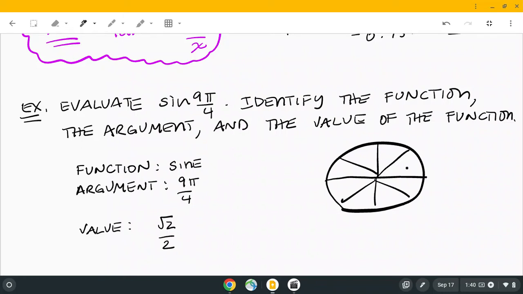I'm just going to count 1/4, 2/4, 3/4, 4/4, 5, 6, 7, 8, 9. So 9 pi over 4 lands here in quadrant 1, so it'll be positive square root 2 over 2. So that's all this means: identify the function, the argument, and the value. The value is the answer. The function is the trig function that they're using. And the argument is the thing that you're passing through that function.